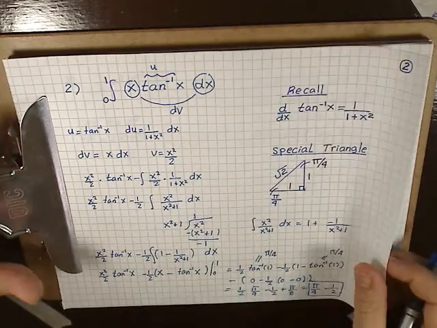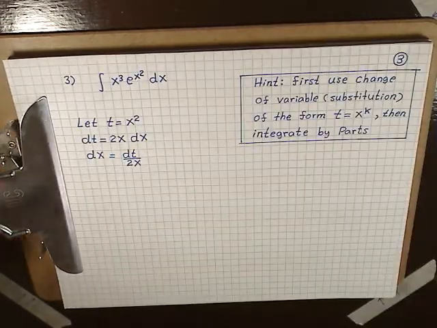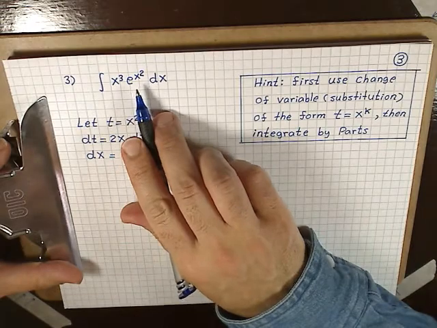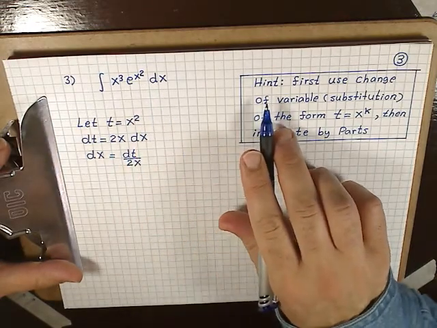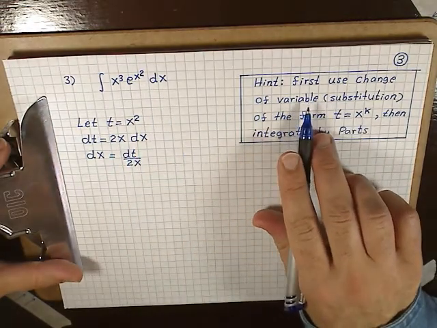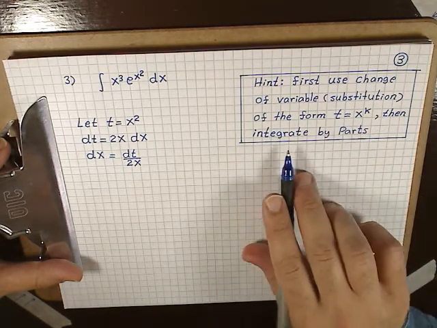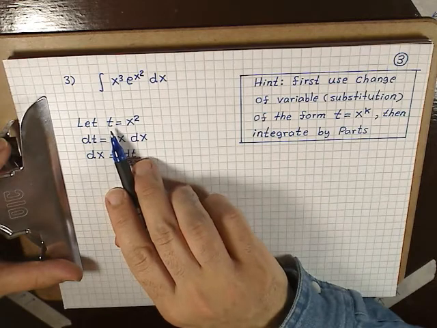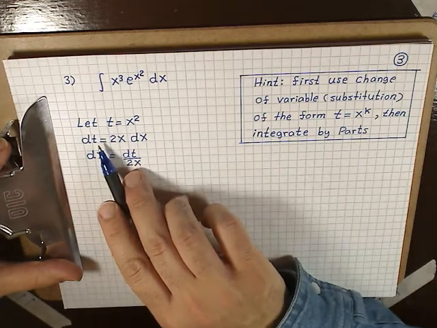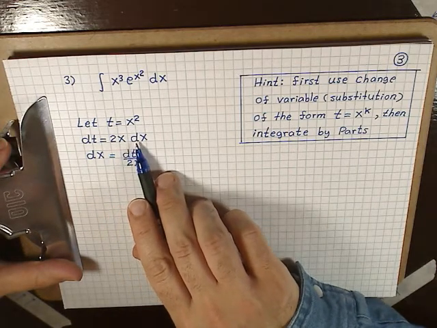Alright, let's do another example. Here we have the integral of x cubed e to the x squared dx. The strategy is, first we use the change of variables substitution method of the form t equals x to the k. Then we integrate by parts. Let t be the inside function, t is x squared, dt is equal to 2x dx.